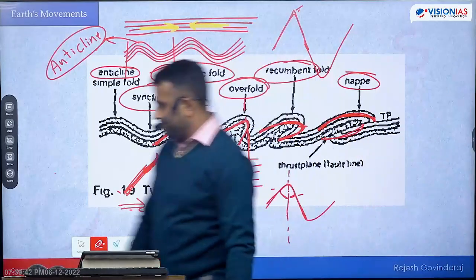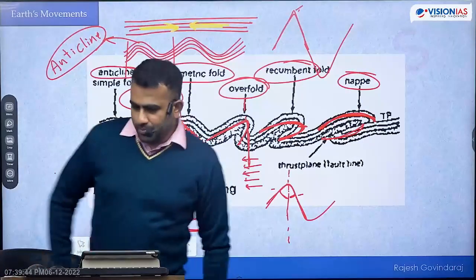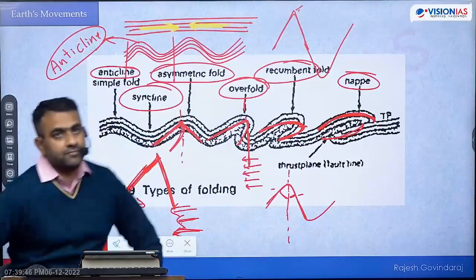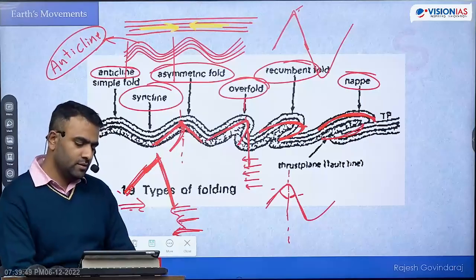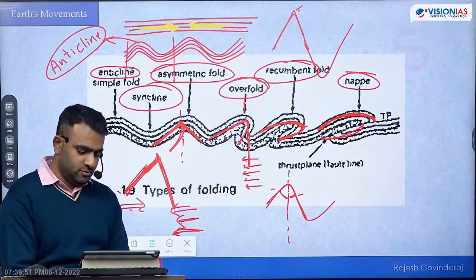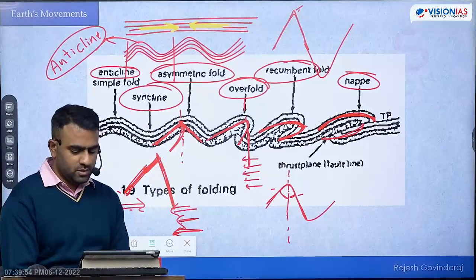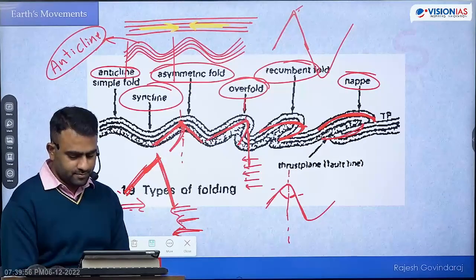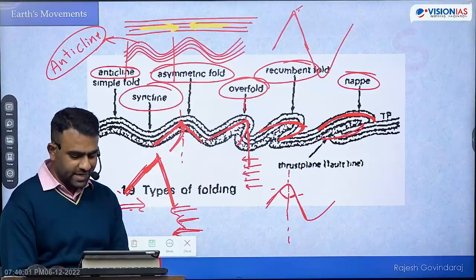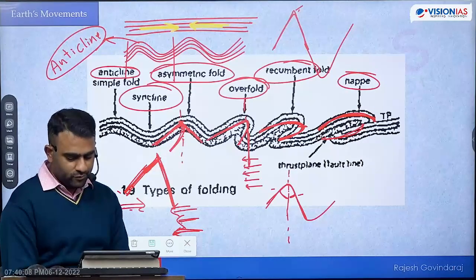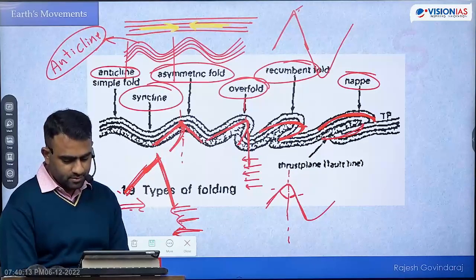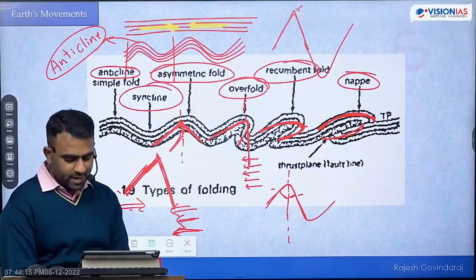So first one. Okay, write point-wise. First point. The upfold of a compressed layer is called an anticline.